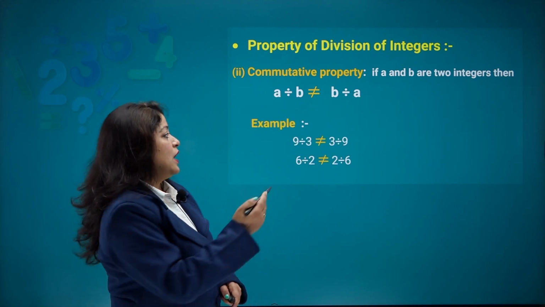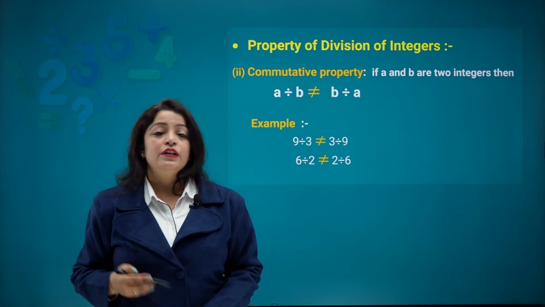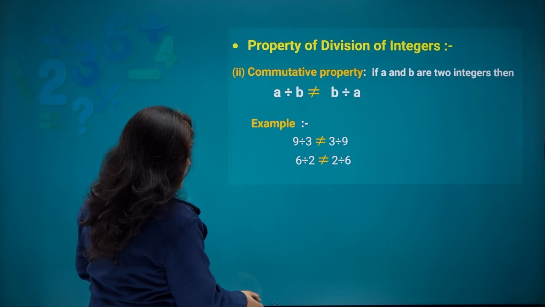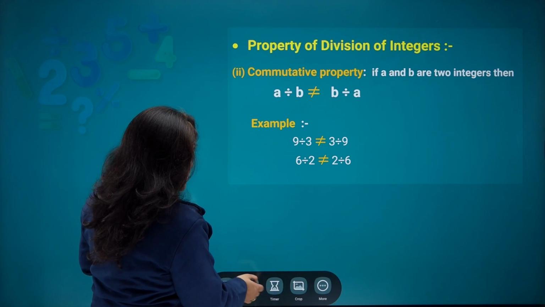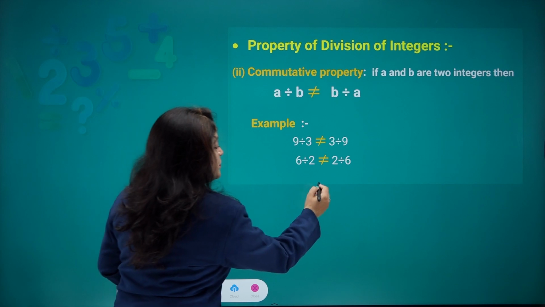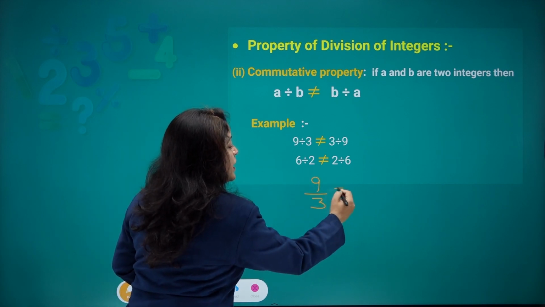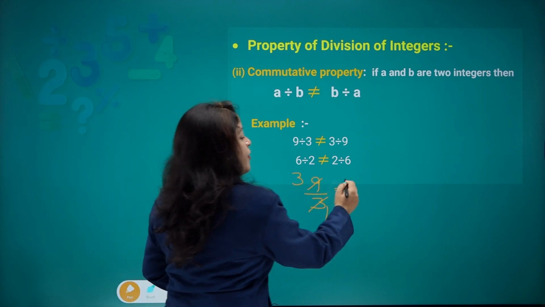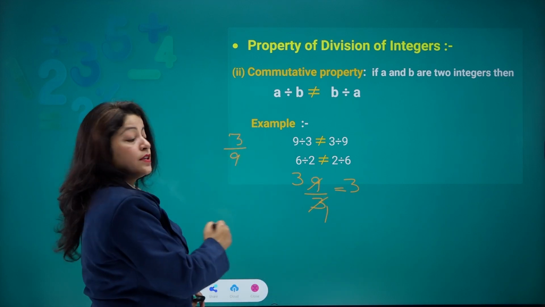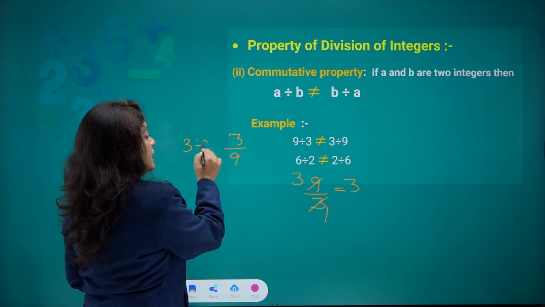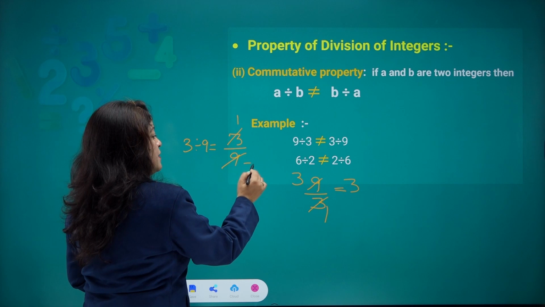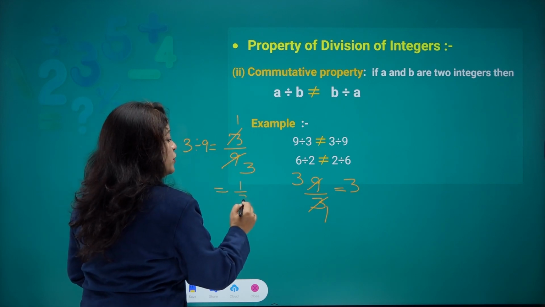For example, I know 9 divided by 3 is not equal to 3 divided by 9. 9 divided by 3 is 9 upon 3 and the result is 3. But if I divide 3 by 9, the result is 1 upon 3.